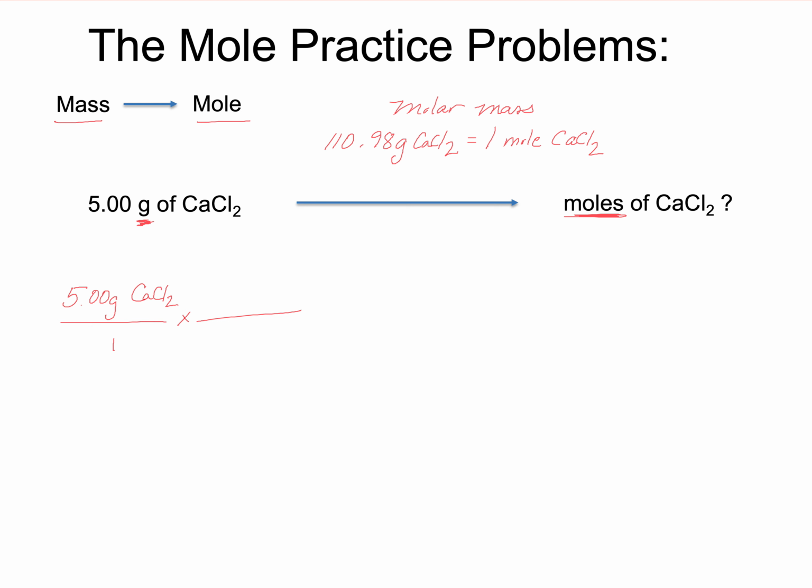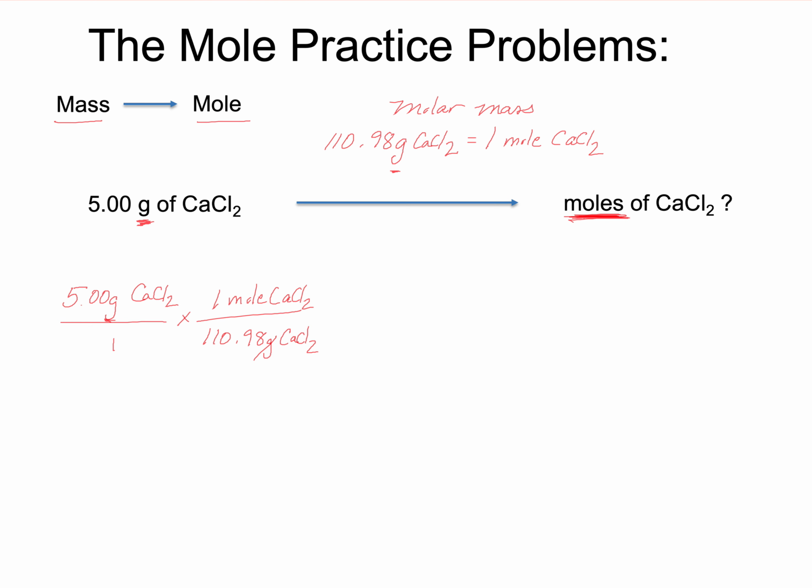And the unit that you're going to put on the denominator is going to be the unit that's the same on the numerator on the previous fraction. So 110.98 grams of calcium chloride is equivalent to 1 mole of calcium chloride. And we now have arrived at the units that we're wanting to go to.